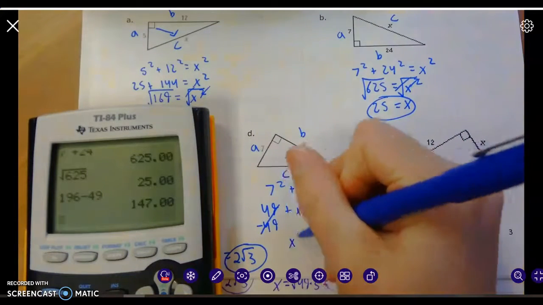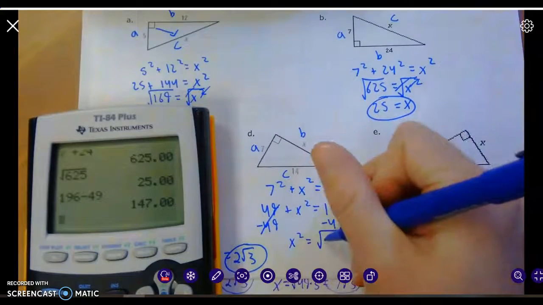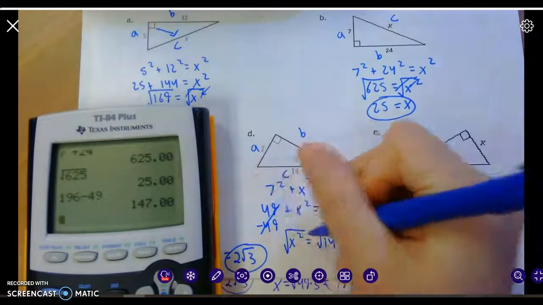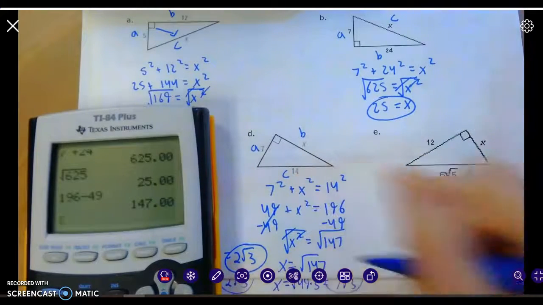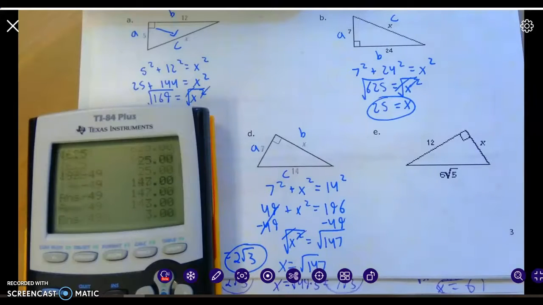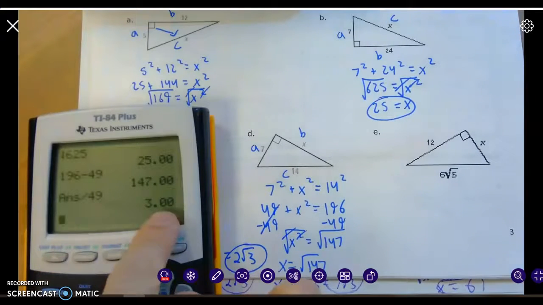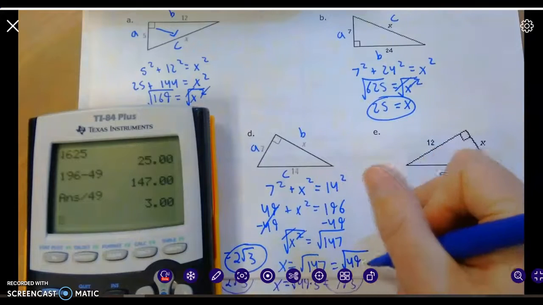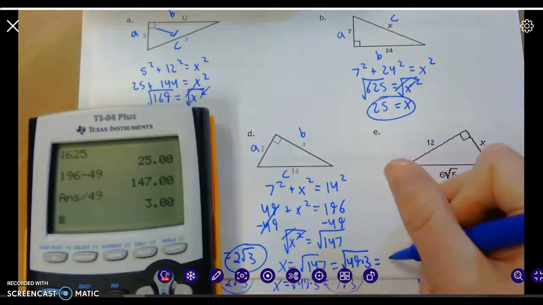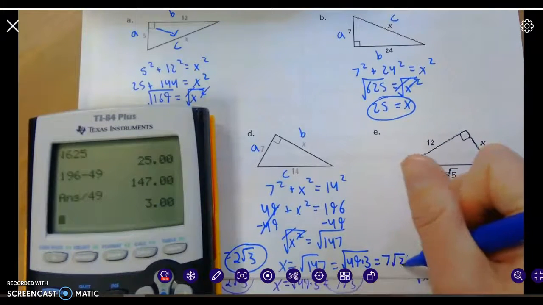So we get x squared equals 147. So then x equals the square root of 147. And I'm going to check, and I can divide out the perfect square of 49. So this becomes 49 times 3, which becomes 7 square root of 3.